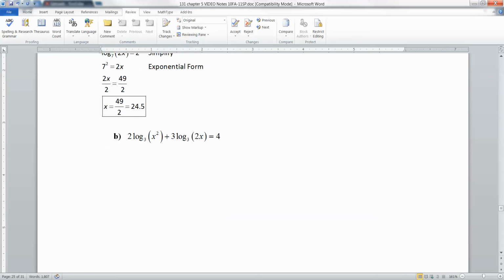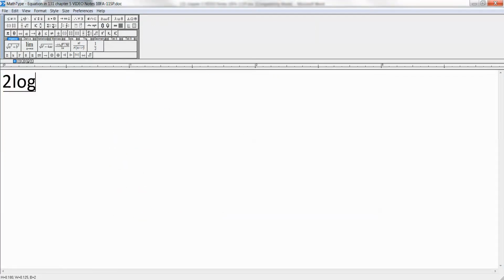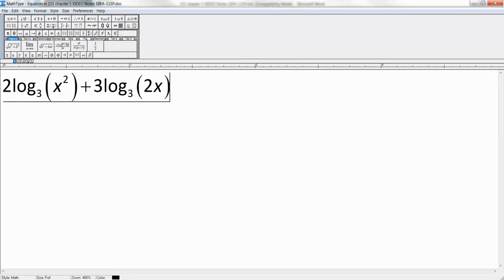So let's see here. We have 2 log base 3 of x squared plus 3 log base 3 of 2x is equal to 4. Okay, so the first thing we're going to do is we want to use the power property to move those logarithm coefficients up.